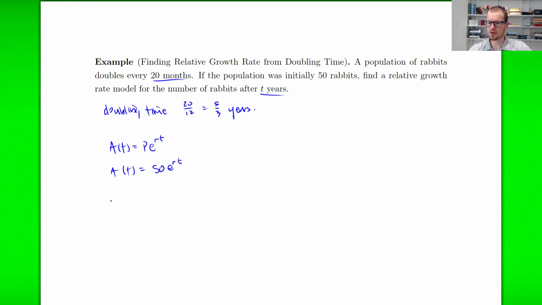We also know that A of 5/3, since the doubling time is 5/3 of a year, I know that I will have 100 rabbits after 5/3 years. So this is equal to 50 times e to the r times 5/3, and that's going to be 100.